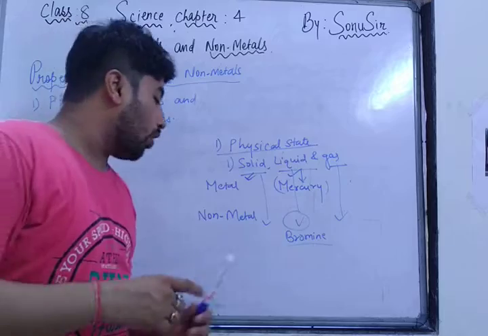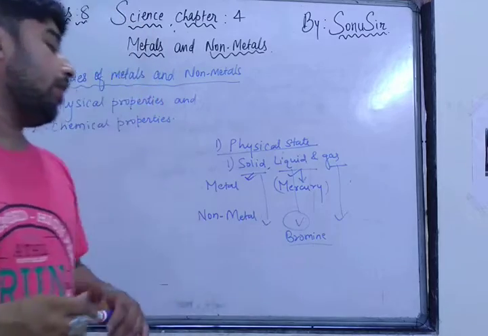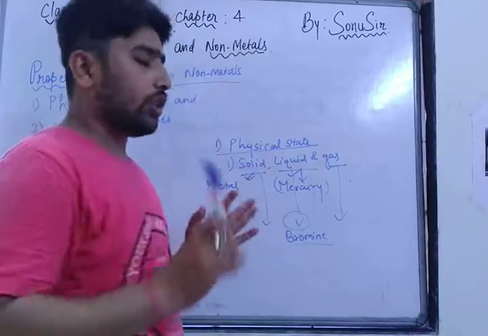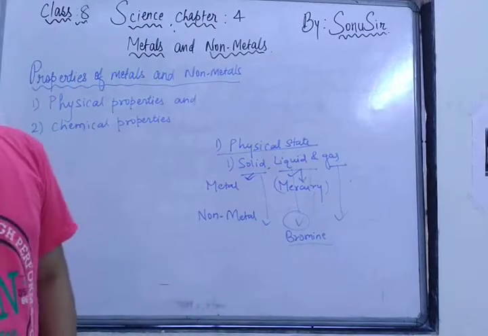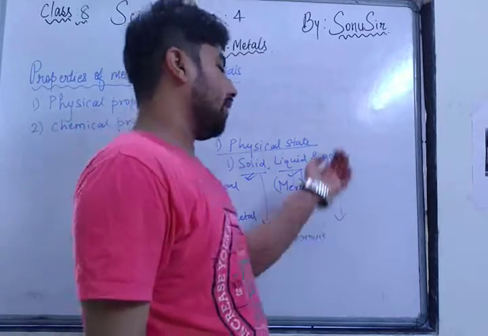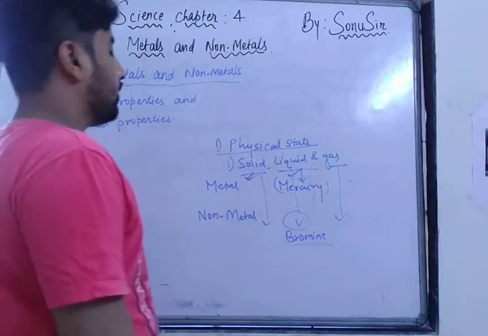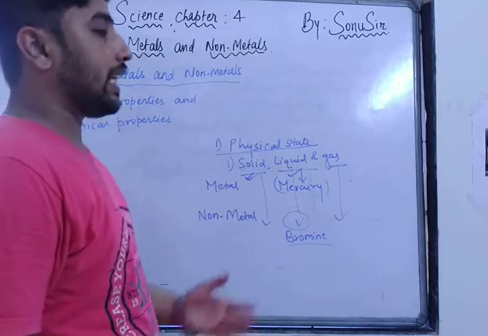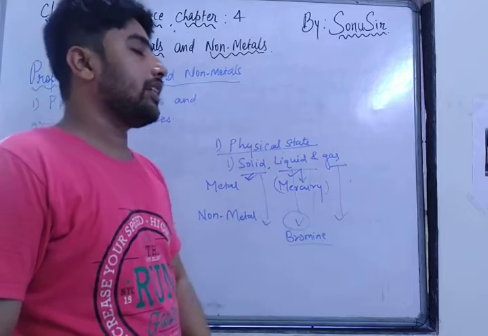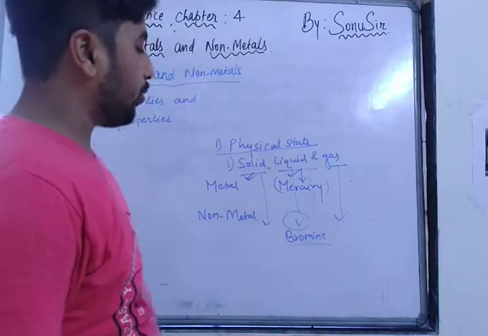And for the solid metals, except mercury, all the metals are solid. All means all. Got it? All the metals are solid at room temperature except mercury. Nonmetals exist in the solid state like carbon, sulfur, phosphorus; in the gaseous state, oxygen, nitrogen; and in the liquid state, bromine.